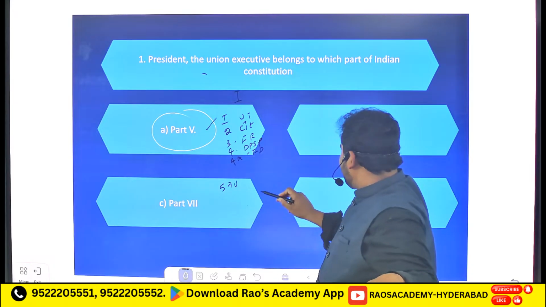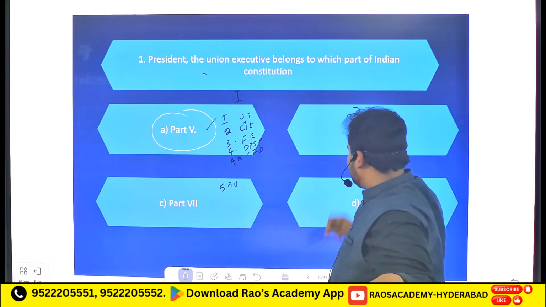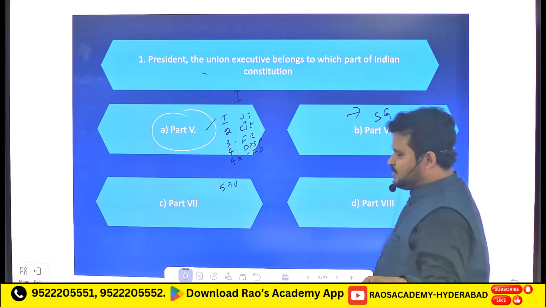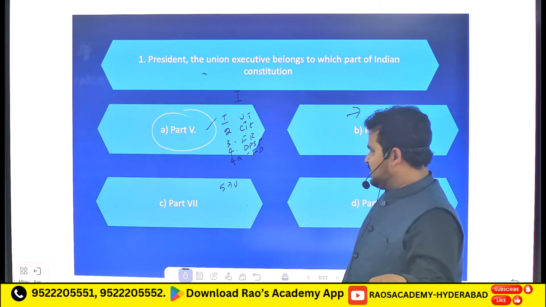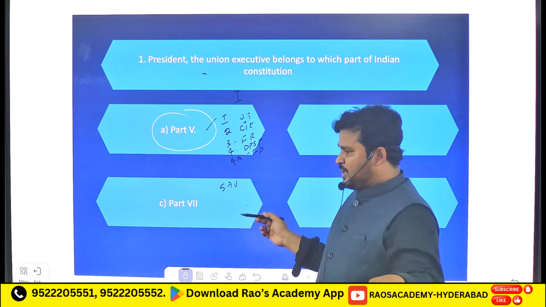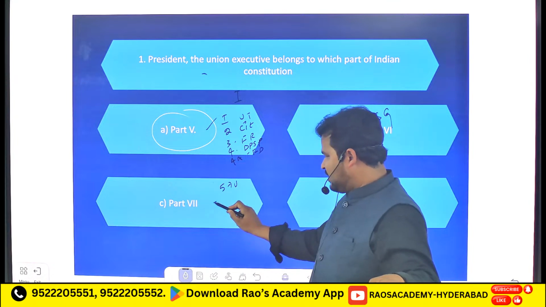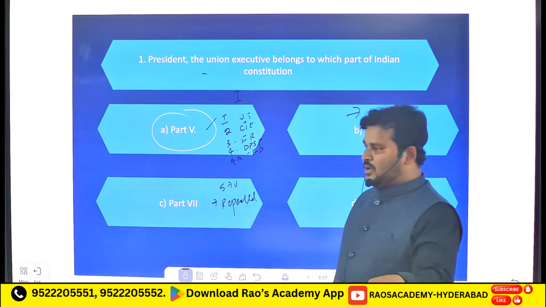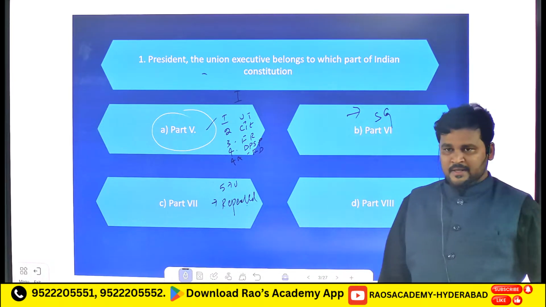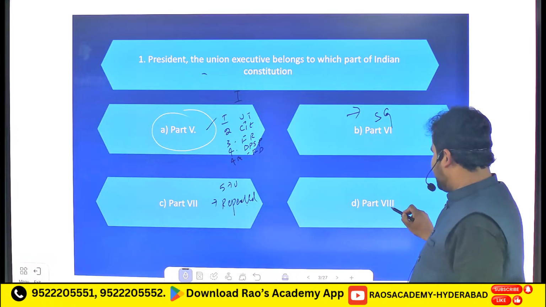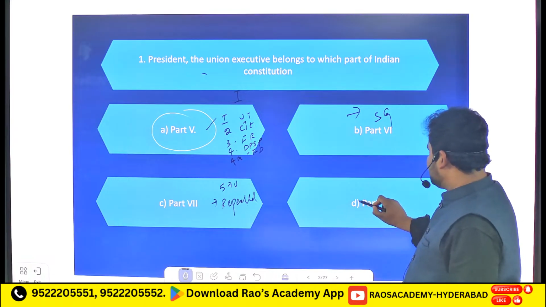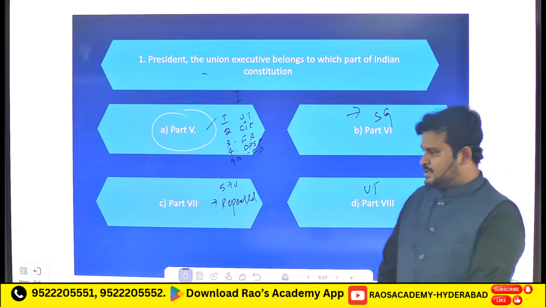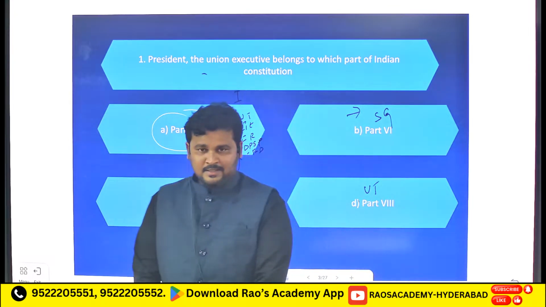Part 6 deals with state governments, whereas Part 7 was repealed from the Indian Constitution. And Part 8 deals with the Union territories.